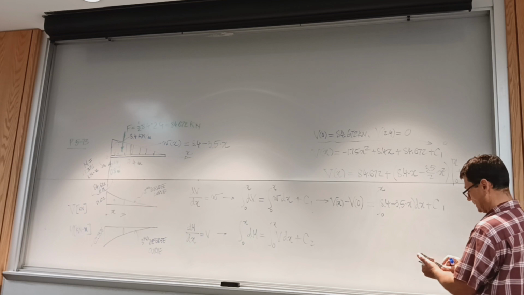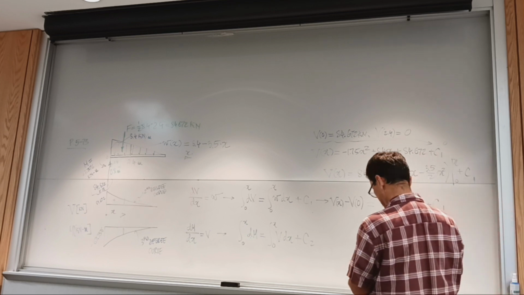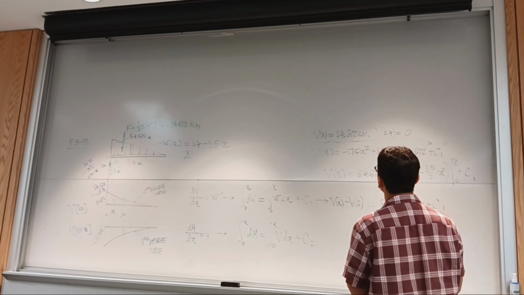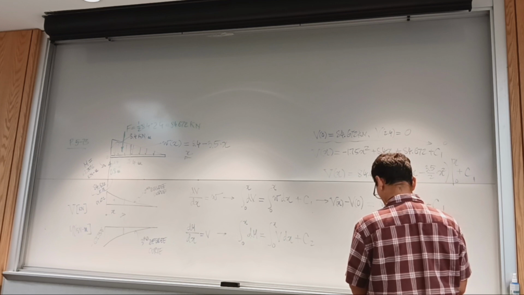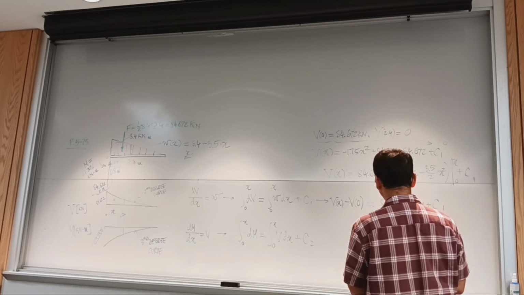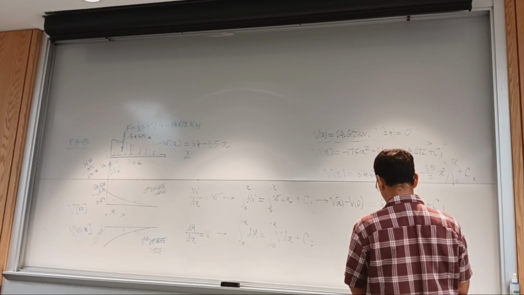So negative 1.75 times 2.4 squared, and then plus 8.4 times 2.4 equals, no, do I have it right?